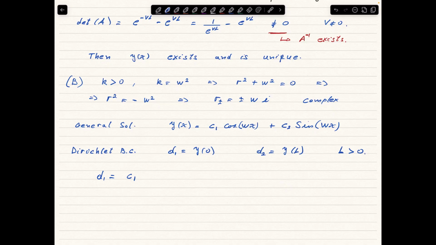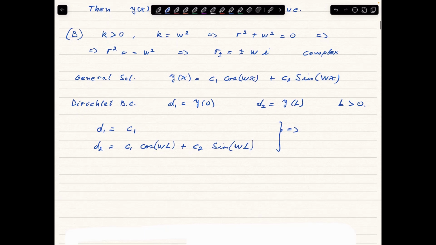Okay, what is the other boundary condition? d2 is c1 multiplied by the cosine of omega L plus c2 sine of omega L. So now we need to solve this system for C1 and C2, and the system is nothing more than: we put a 1 here, a 0 there, then we put a cosine of omega L over here, a sine of omega L over there.